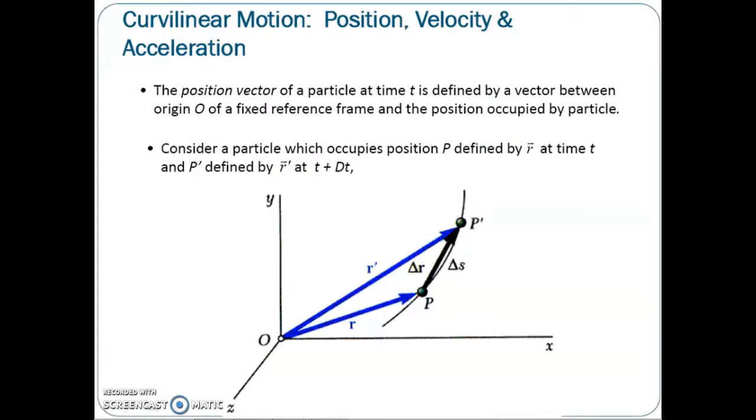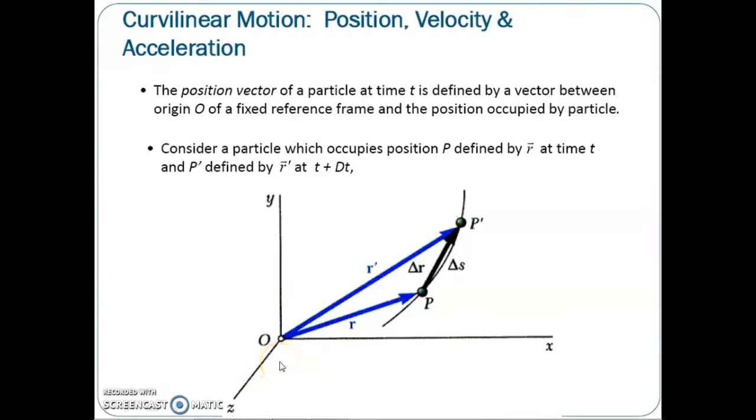Let's have a look at these figures. To define the position P occupied by the particle at a given time t, we can first select a fixed reference system with the axes x, y, and z.